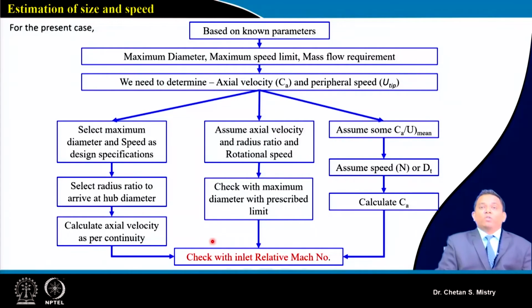Now as we have discussed, we are more interested in calculating the geometrical dimensions, that means the size. Based on input parameters, we need to decide with the maximum diameter, maximum speed and mass flow rate, these 3 parameters are defined to us.